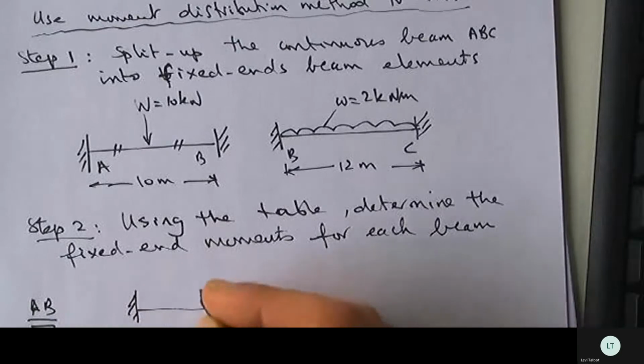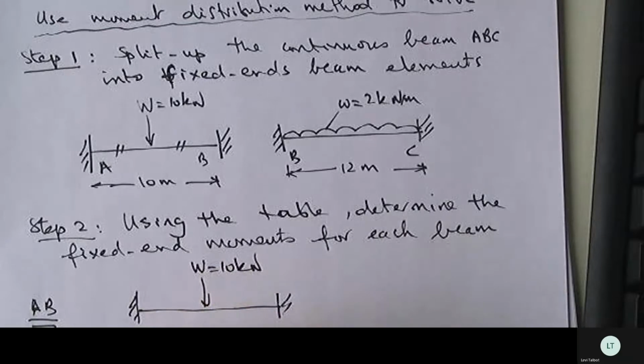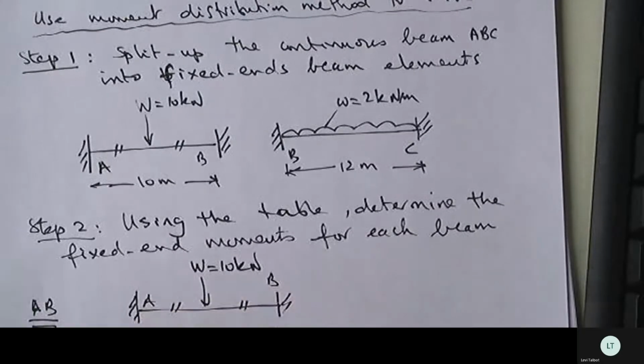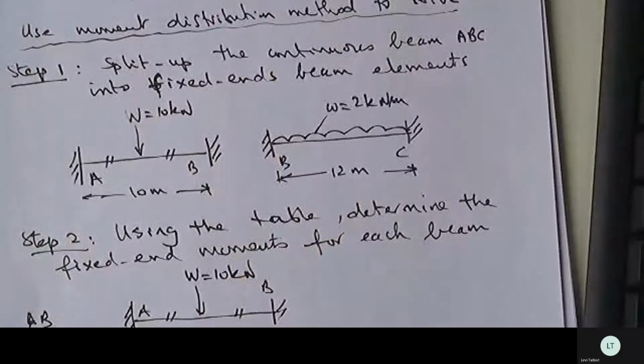Here we have W 10 kilonewtons, and we have a span L of 10 meters, and the load is in the middle. So which case is this in the table? Do you agree it's the first one? Yeah. So the first case applies here.